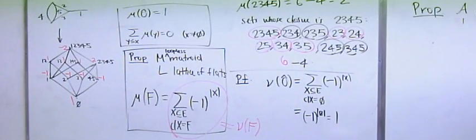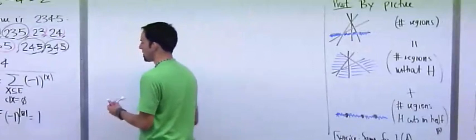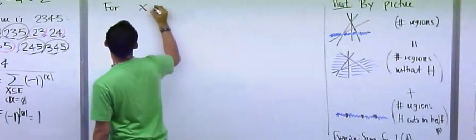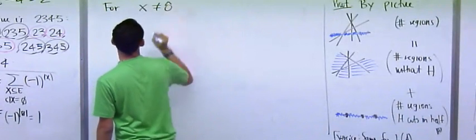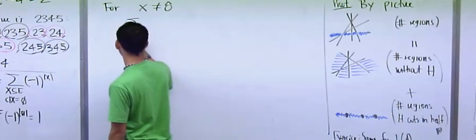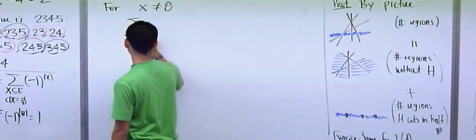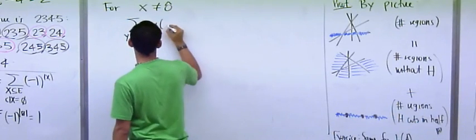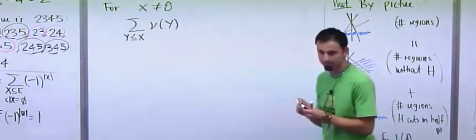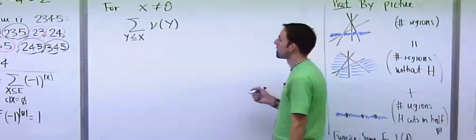And the second thing I have to show is that for x different from 0, the summation for y less than or equal to x of nu of y should equal 0. So what's this?